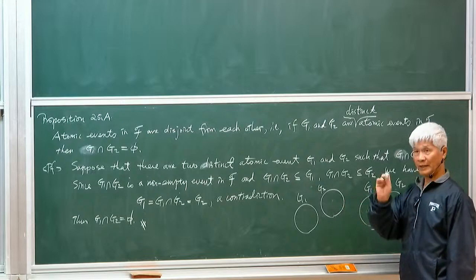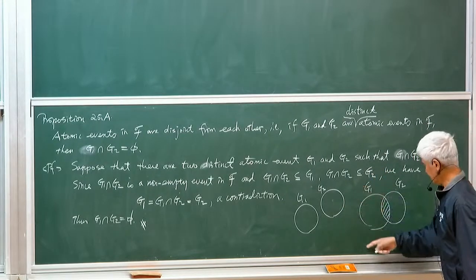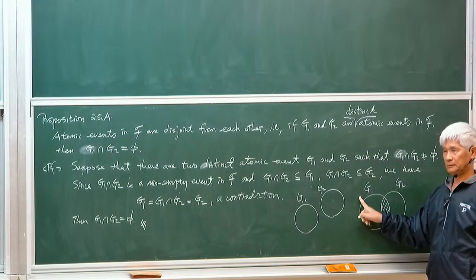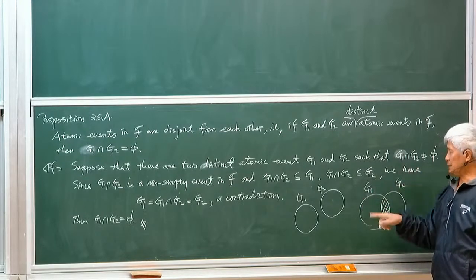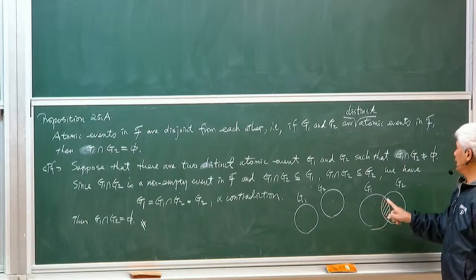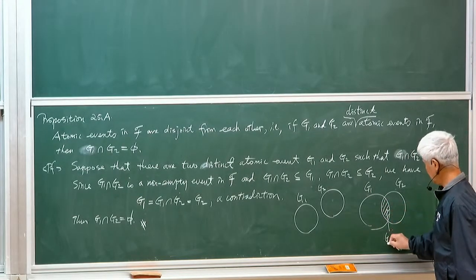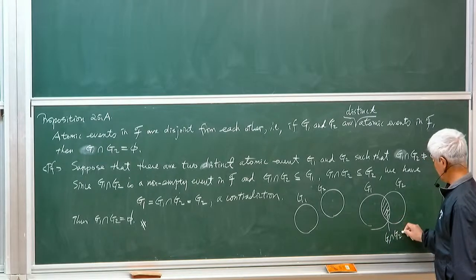Only two possibilities. And then I will eliminate this possibility, but assume that this is true. When this intersection is not empty.